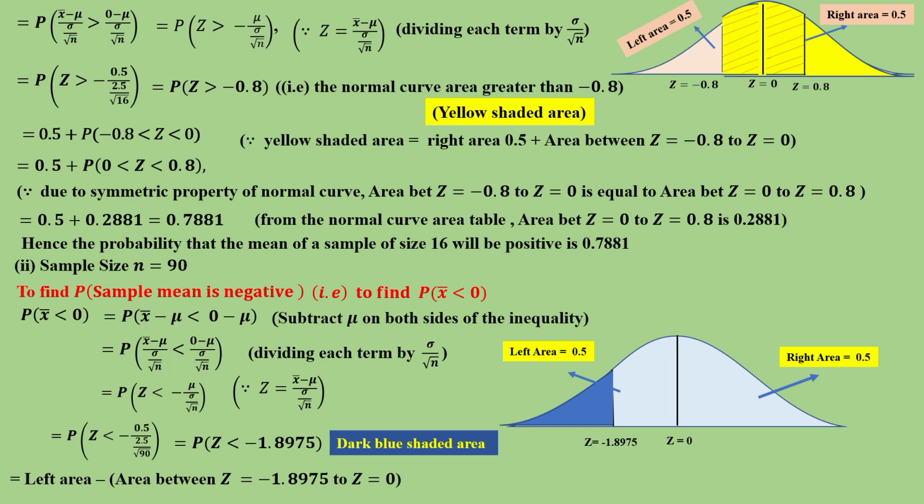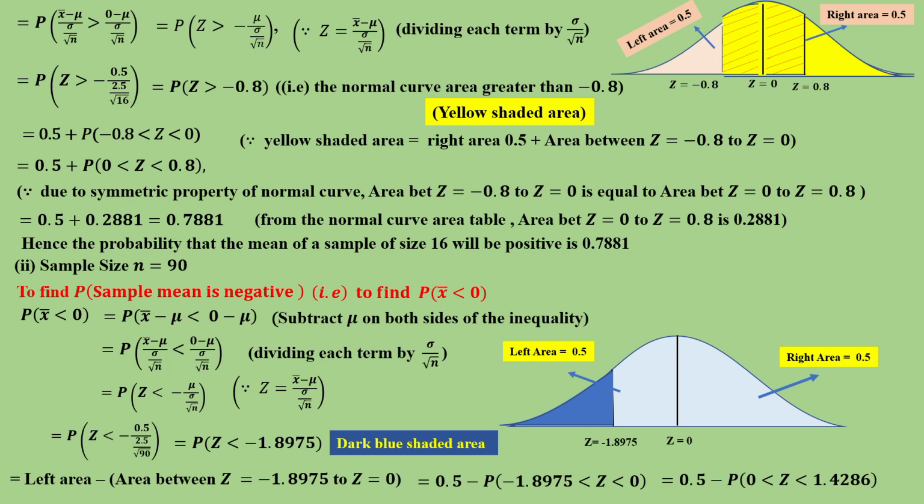So this can be written as the left side total area 0.5 minus the area from Z equal to minus 1.8975 to Z equal to 0. We can subtract that, and you will get the dark blue shaded area. That is 0.5 minus probability of minus 1.8975 less than Z less than 0.